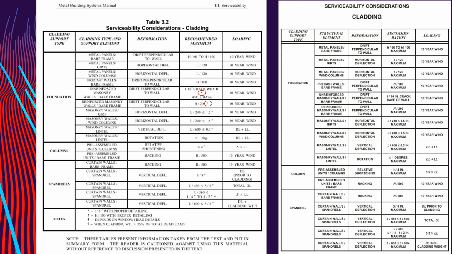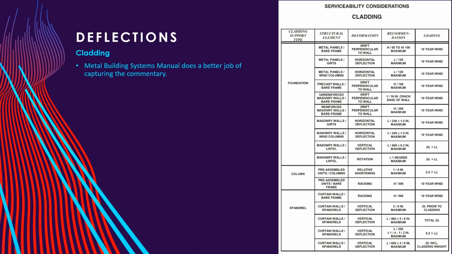And this symbol here says you can go as low as H/100. But if you look at the table on the right for serviceability from AISC, it doesn't have these things. But if you read the commentary, it is in there. It's just not noted very well in the tables.